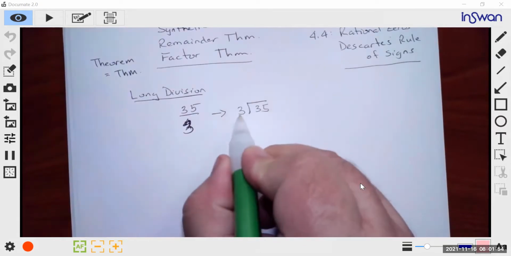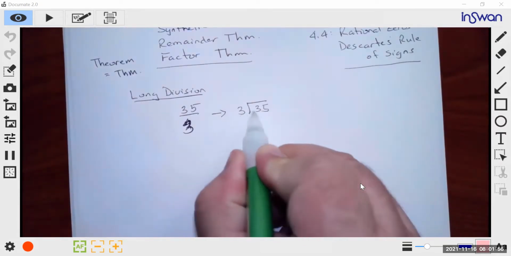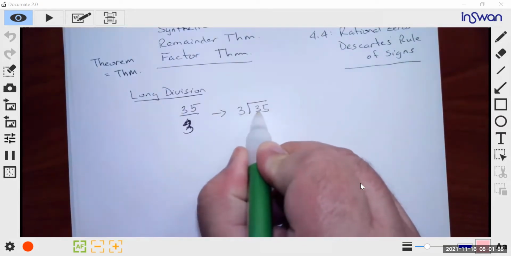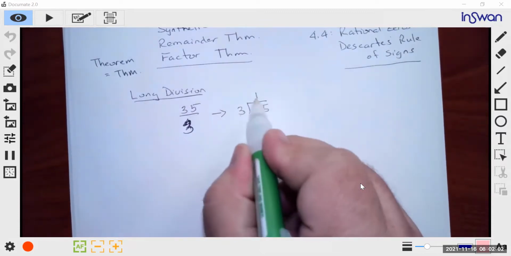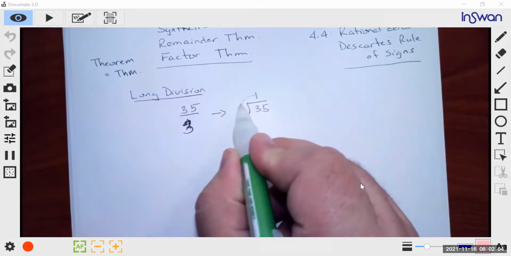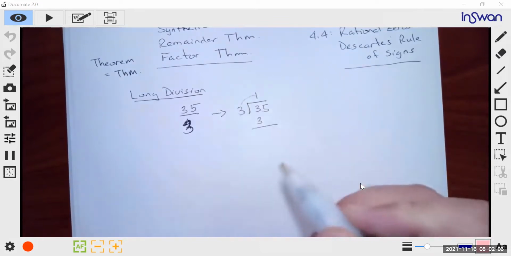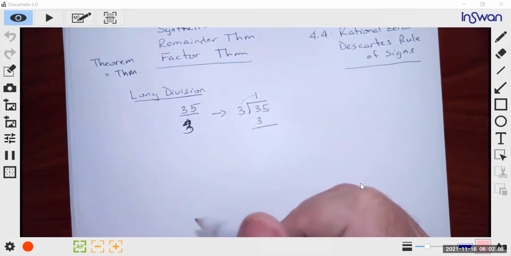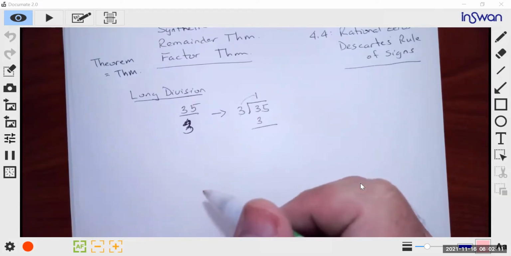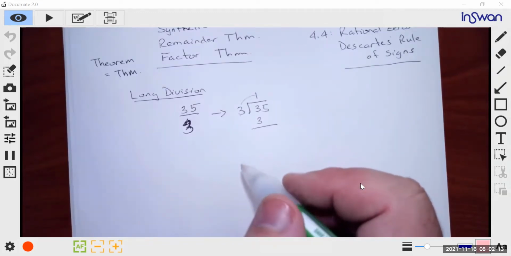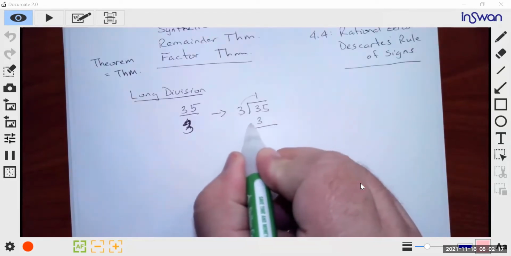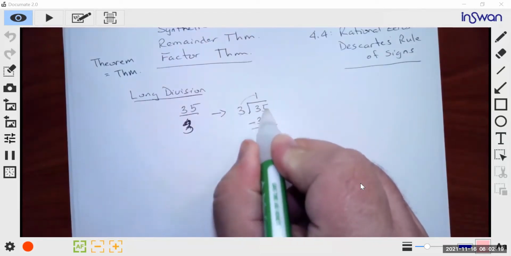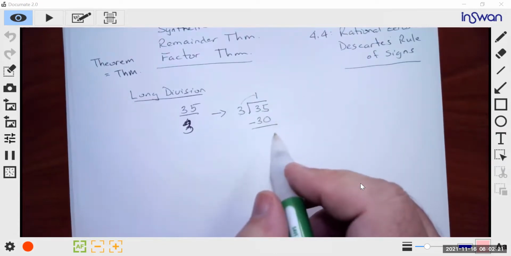And once you do that, we look at what times 3 equals 3. So 3 goes into 3 once. Then we take this 1, multiply it by 3, you get there. Then what do we do? Remember your division rules? We subtract them. And then anything else, put a 0 behind it.